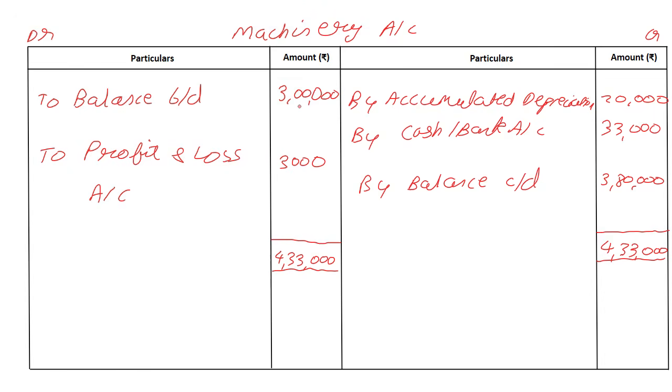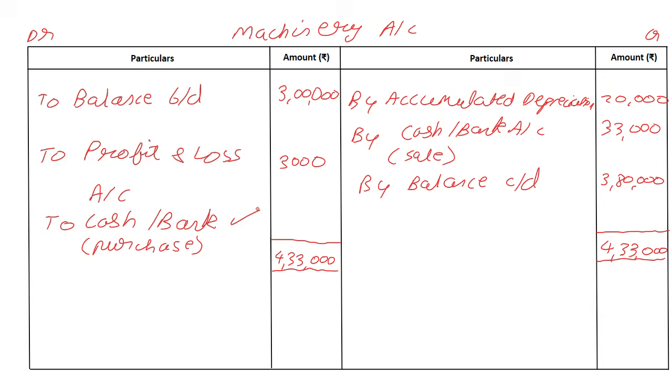Okay, so if I take 4,33,000 and subtract 3,03,000, I should get 30,000. And this will be to cash bank, which is basically the balancing figure and the purchase of machinery.